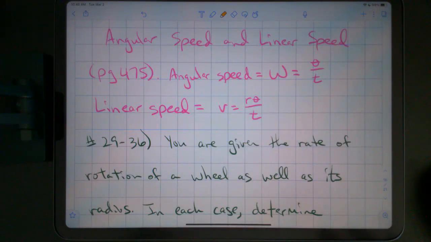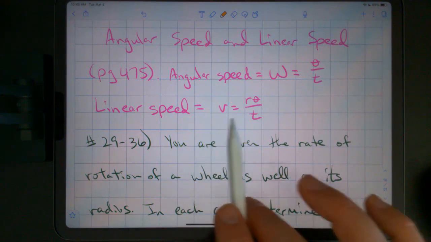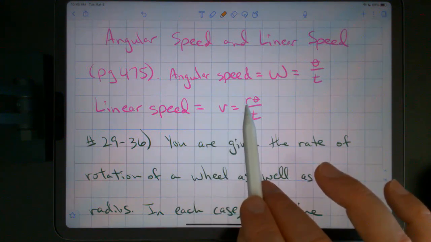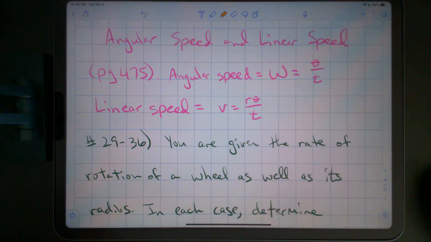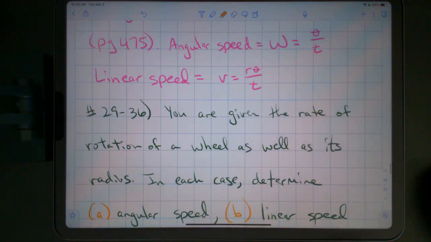Angular speed and linear speed. So I also put a video on this in this week's module. Linear speed or velocity is equal to the radius times theta divided by time. And so numbers 29 through 36, you are given the rate of rotation of a wheel as its radius.